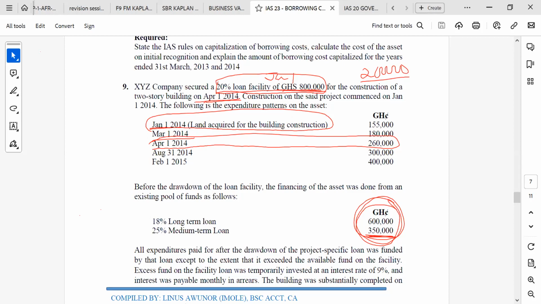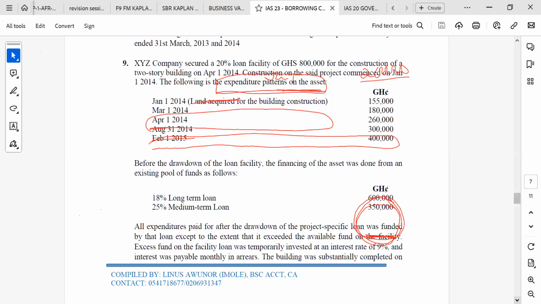All expenditure paid for after the drawdown of the project-specific loan was funded by the loan, except to the extent that it exceeded the available fund on the facility. What they are saying is that all the expenditures we have paid for after taking the loan, we are taking out from the loan that we have taken.